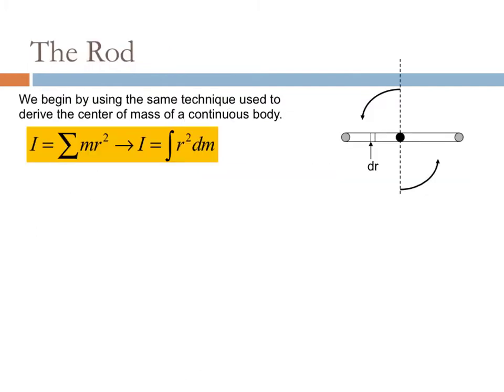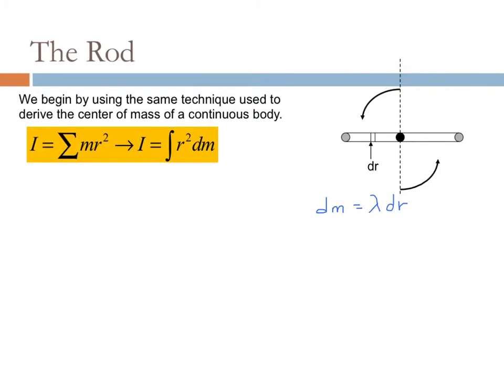So for this example, which is a rod, you have a mass being continually distributed over the entire length. So we're still going to be using lambda. And remember that lambda is our linear mass density. And we said that our change in mass is going to be equal to a linear mass density times our change in position, or change in x.